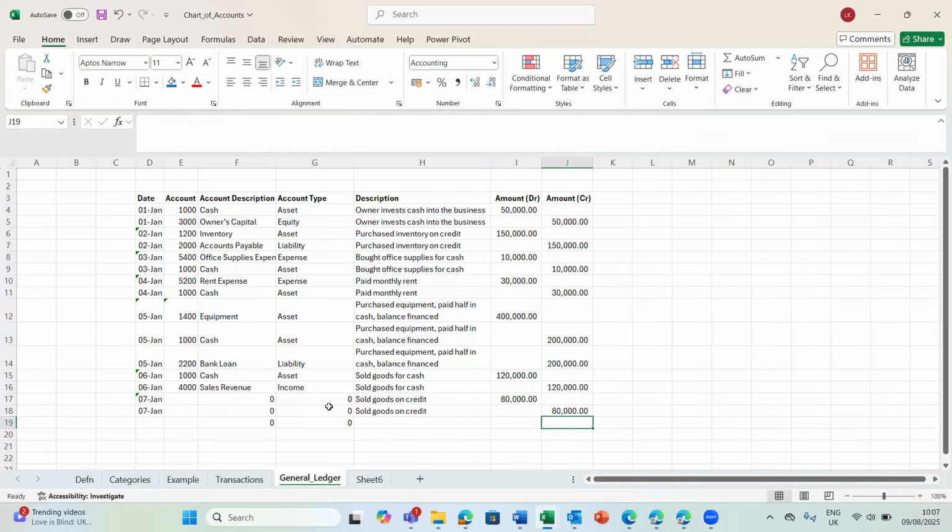Debtors, or in some jurisdictions they call it accounts receivable. You create debtors or accounts receivable, so you debit debtors or accounts receivable.